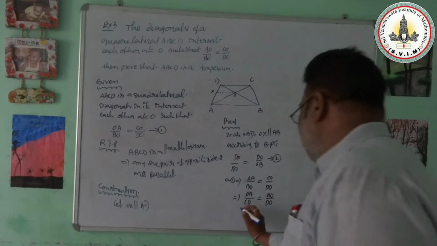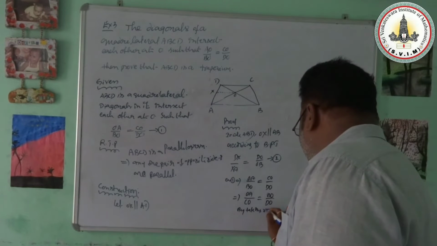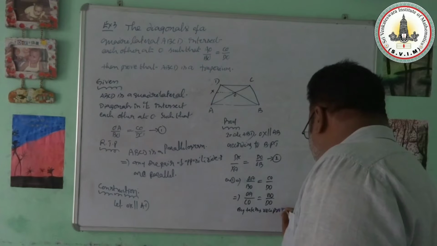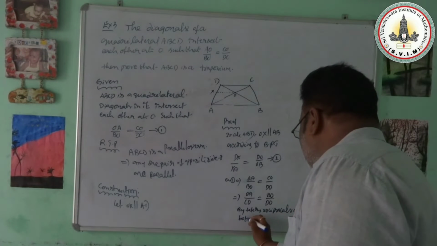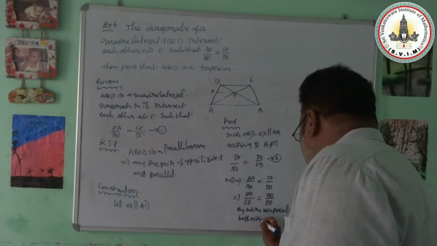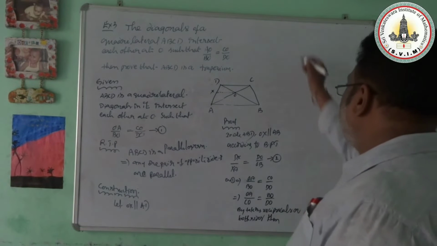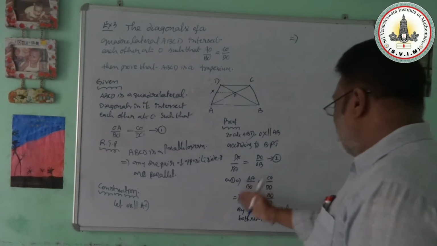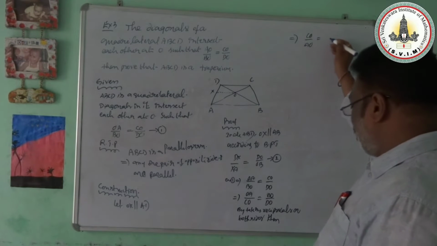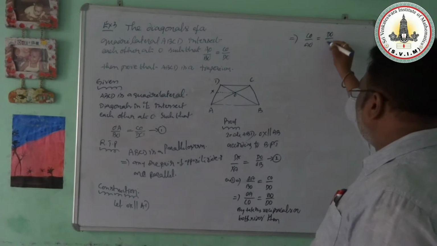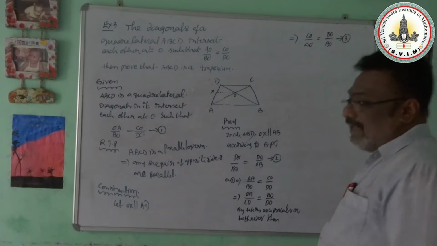By taking the reciprocals on both sides, this equation will be changed as CO by AO is equal to DO by BO. Now I am taking this equation as 3.